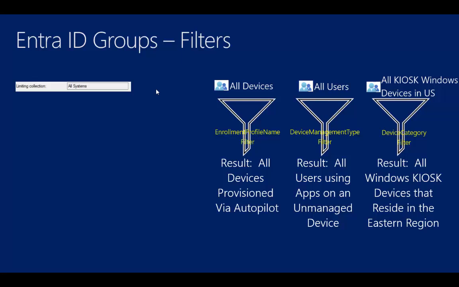It can never be more than the membership of your limiting collection. So the limiting collection is your starting point, and then it can get more refined as you build your criteria in.